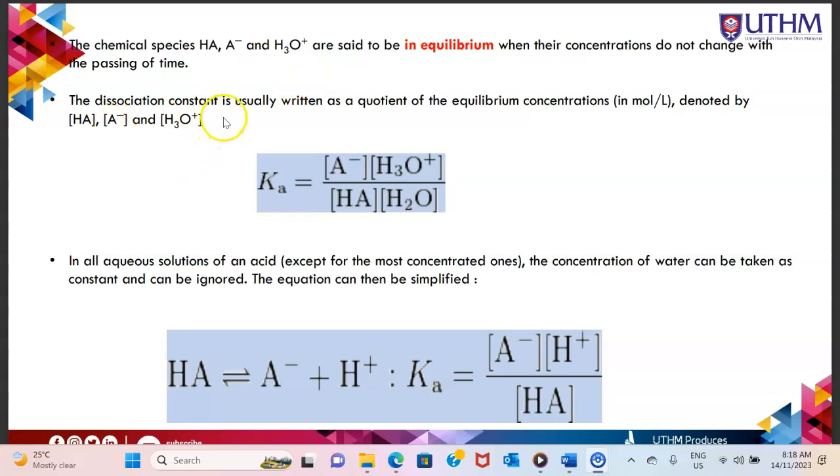The dissociation constant is usually written as a quotient of the equilibrium concentrations denoted by HA, A minus, and H3O plus. In all aqueous solutions of an acid, except for the most concentrated ones, the concentration of water can be taken as constant and can be ignored.